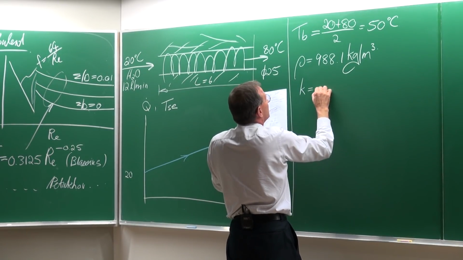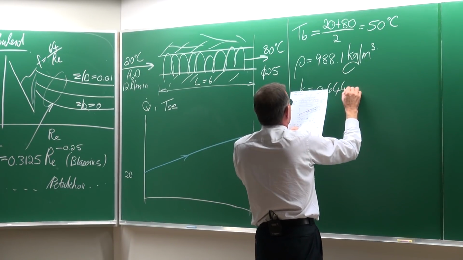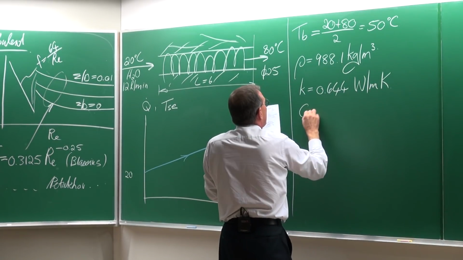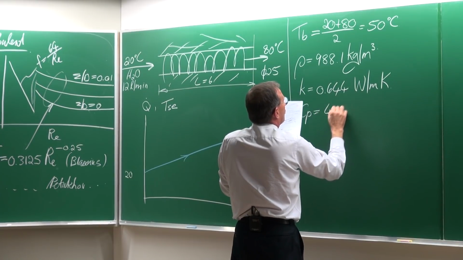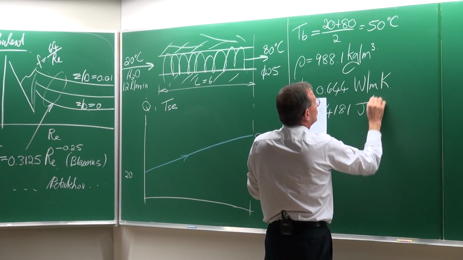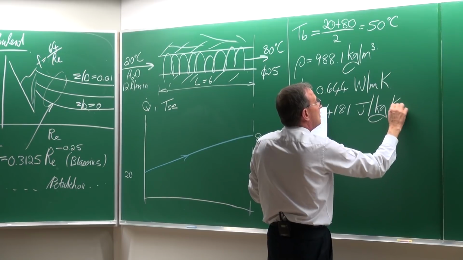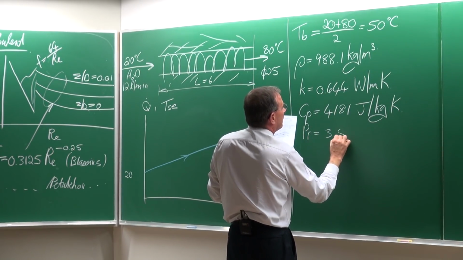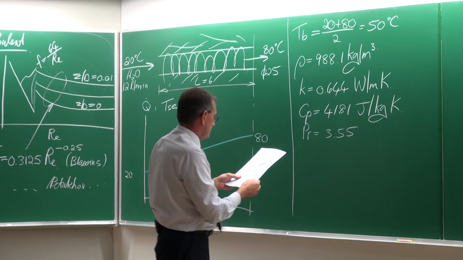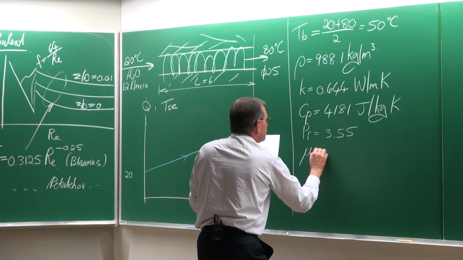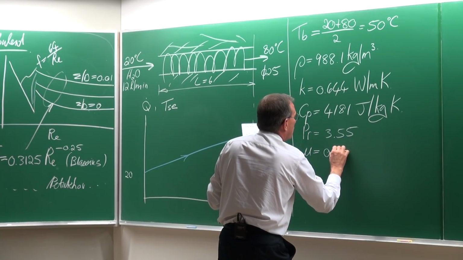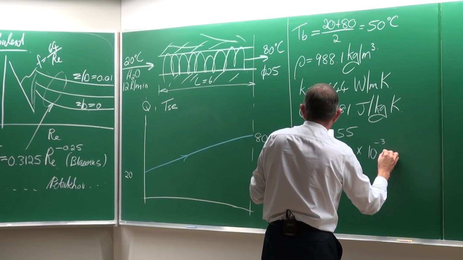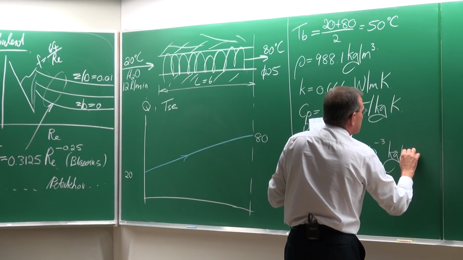Thermal conductivity is equal to 0.644 watts per meter Kelvin. Cp is equal to 4181 joules per kilogram Kelvin. And the Prandtl number is equal to 3.55. Oh, and we also need the viscosity. The viscosity is equal to 0.504 multiplied by 10 to the minus 3 kilograms per meter second.